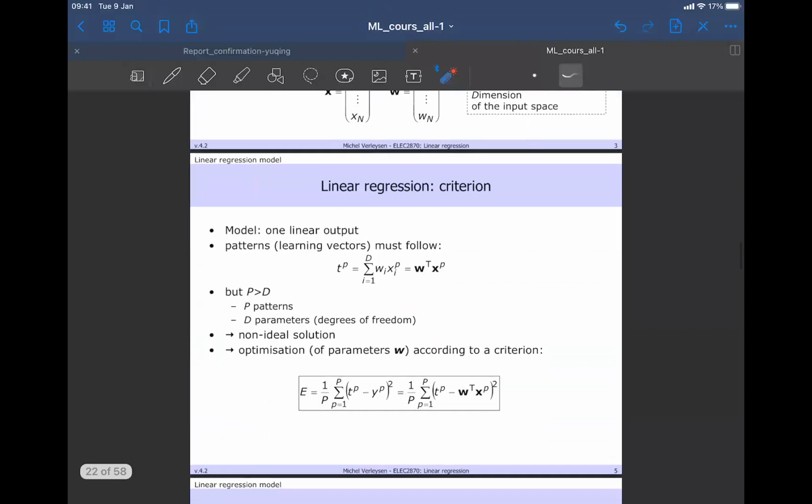So the target is the product of the weight times x. x is a column vector, and W transposed is now a line. And so I have the weights times the features equals my prediction.